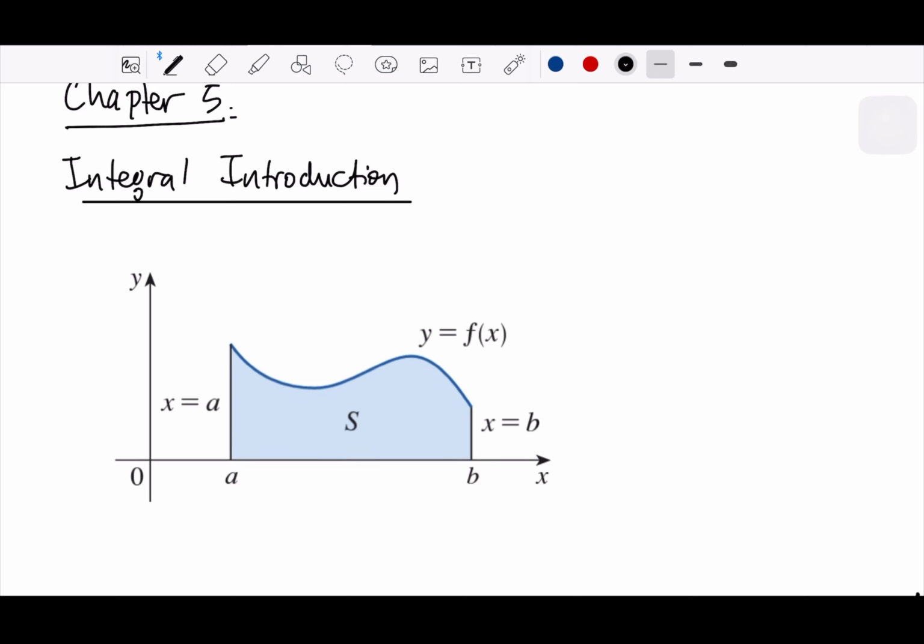We would like to know how to evaluate this area under the curve f of x. So an integral was introduced as a method to get the area under the curve. Okay? It is very different from the antiderivative, but in the end they are very similar. The definitions are kind of different, but in the end they are very similar.